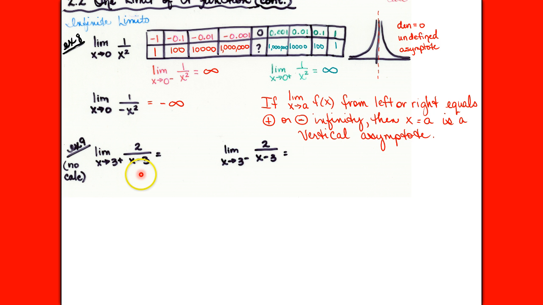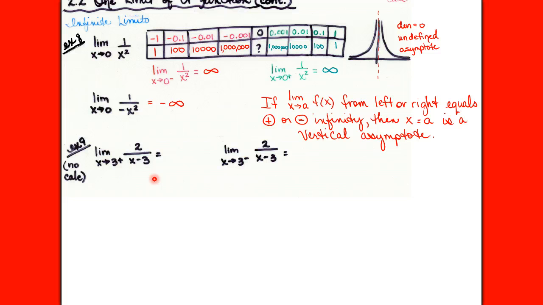In my denominator, I'm putting in 3.1. So 3.1 minus 3 is 0.1, right? Then I put in 3.01. So 3.01 minus 3 is 0.01. 3.001 minus 3 is 0.001. So that denominator is getting smaller and smaller and smaller, right? It was 0.1, 0.01, 0.001.